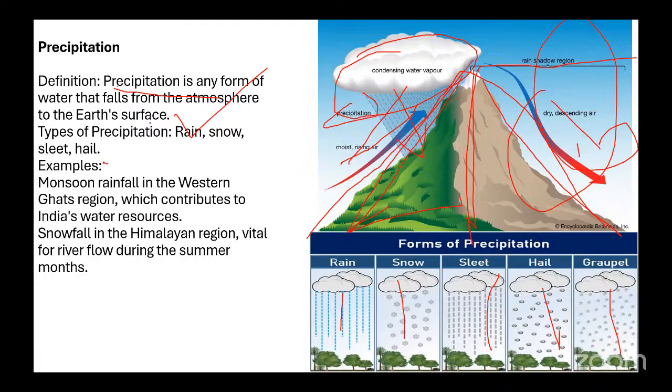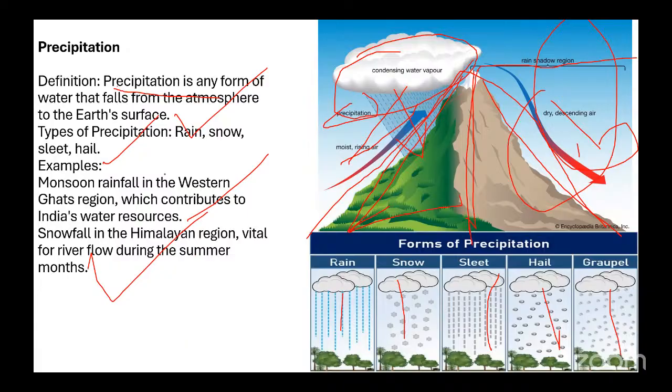Examples are monsoon rainfall in the Western Ghats region, which contributes to India's water resources, and snowfall in the Himalaya region, vital for river flow during the summer months. So these are the main examples which occur in our Indian continent, peninsular India, or the Himalaya region.